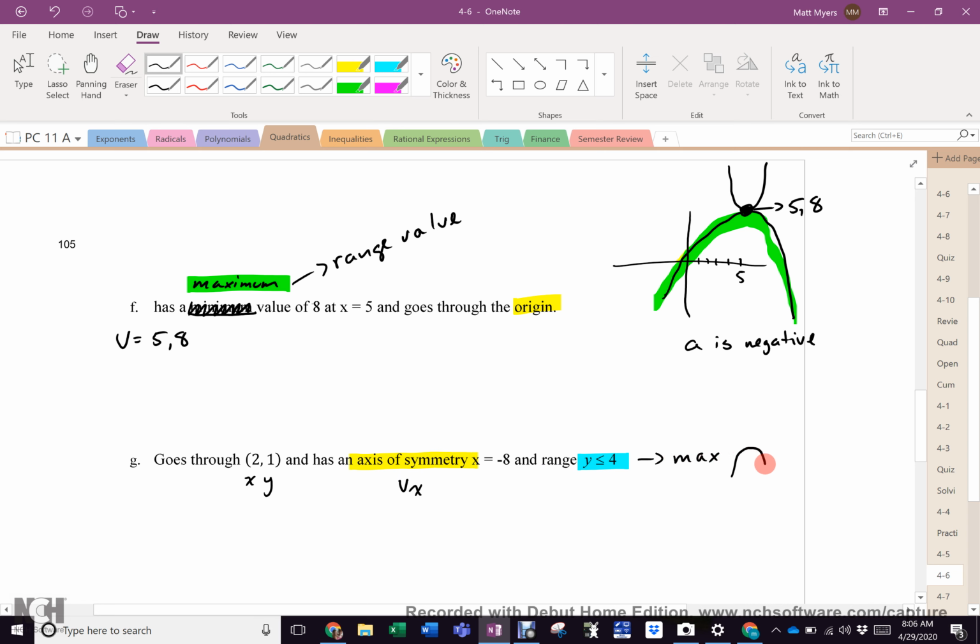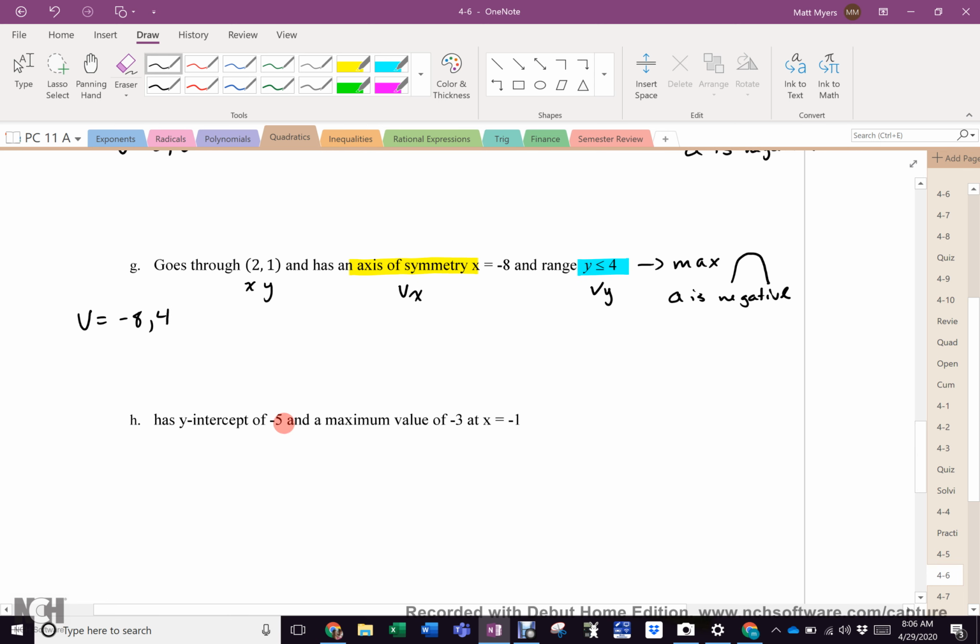So it has to go down like that. Which means a is negative. And that's my vertex x. That's my vertex y. So now you know the vertex equals -8, 4, and you have an x and a y to work with. Oh, the origin here, you also have an x and a y here, 0, 0.